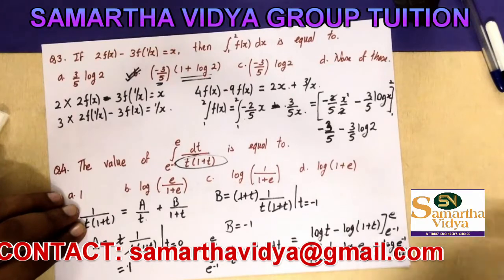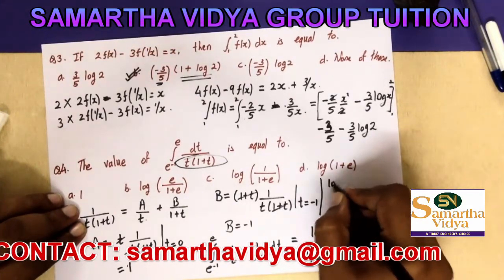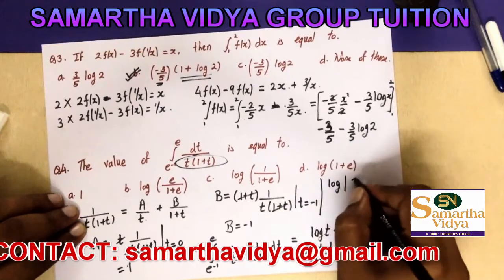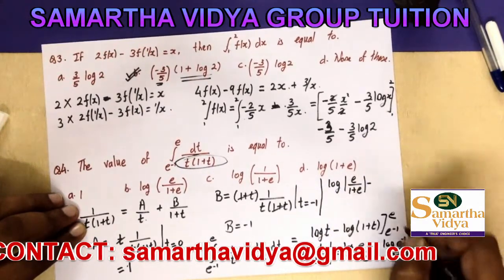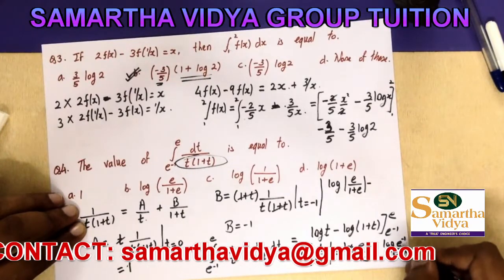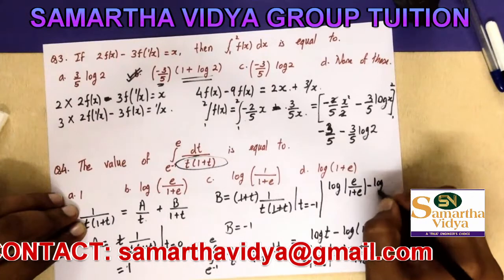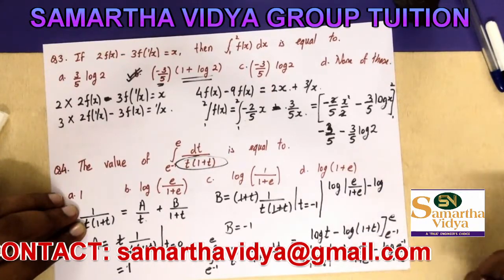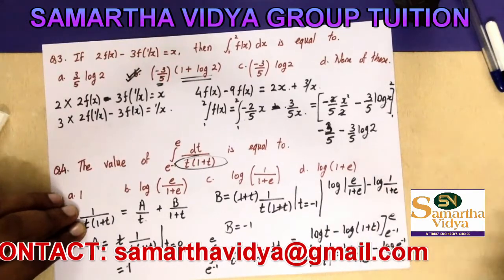Now simplifying this, it's log e upon 1 plus e minus, I'm writing this because e raised to minus 1 is 1 by e, so it's basically going to be multiplied. So multiplying the numerator and denominator by e, I'll be getting 1 upon 1 plus e.